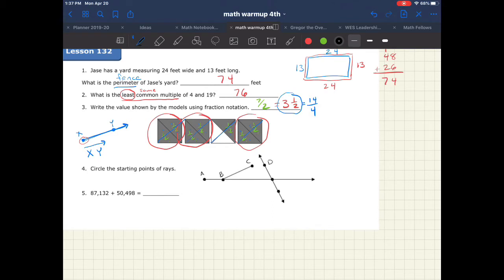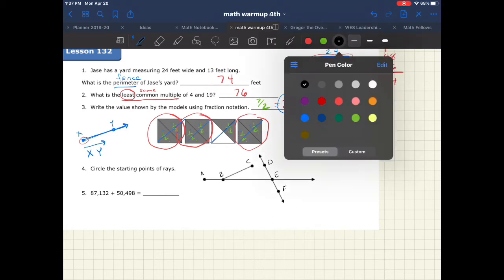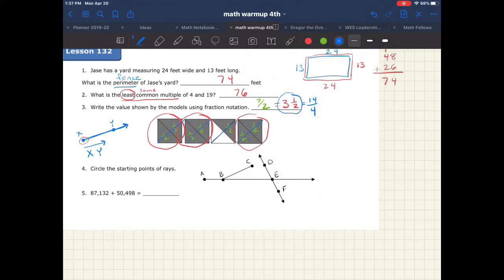So A, B, C, we'll call this one D, E, and F. So if we start over here at A, can A be the beginning of a ray? Well, sure it can, because going this way is a ray. So I could call AB a ray and say A is the beginning of it.